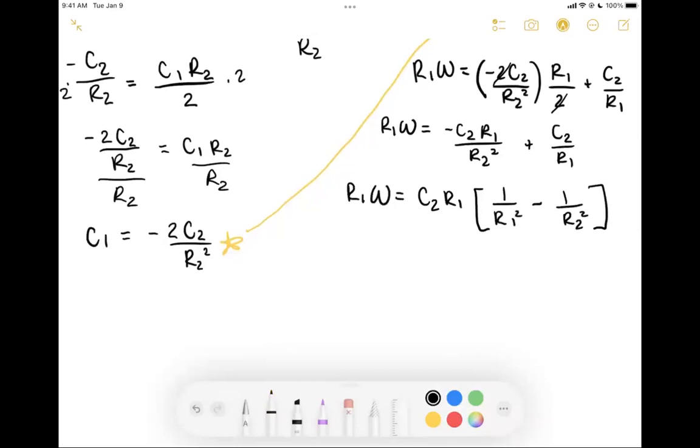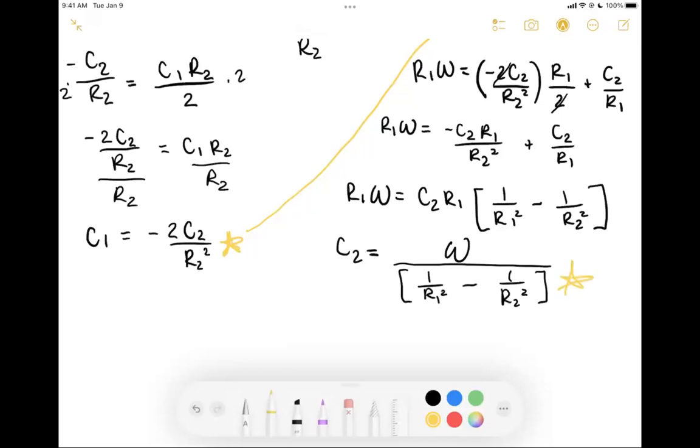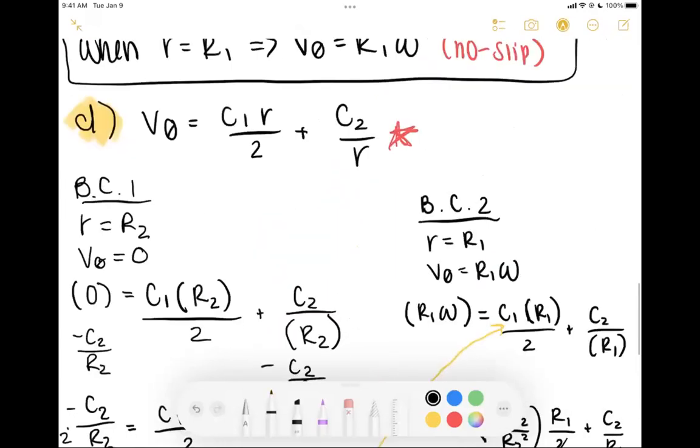So then solving for C2, you end up getting C2 is equal to R1 over 1 over R1 squared minus 1 over R2 squared. So now we have both of these equations, C1 and C2, and we know what they're equal to. Then we are going to go back to this equation here.